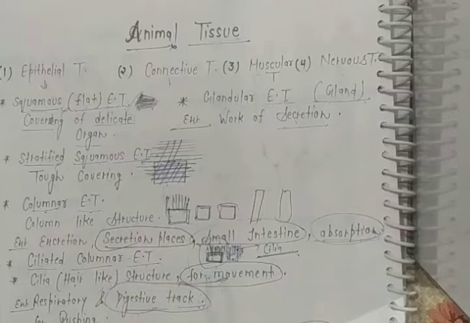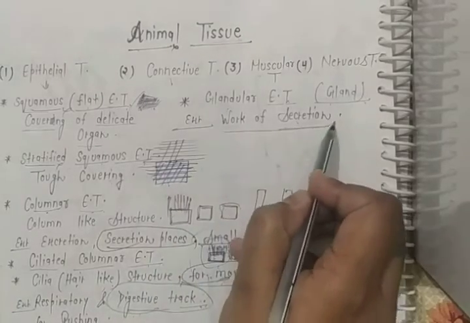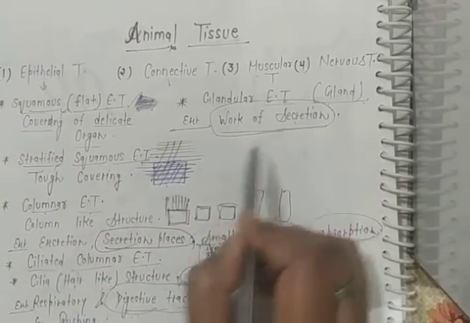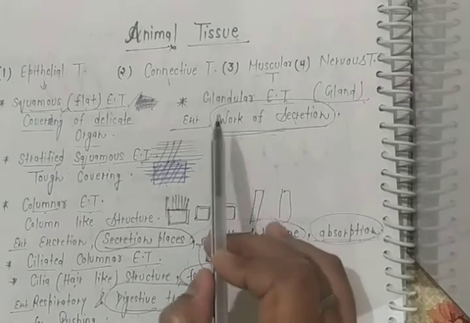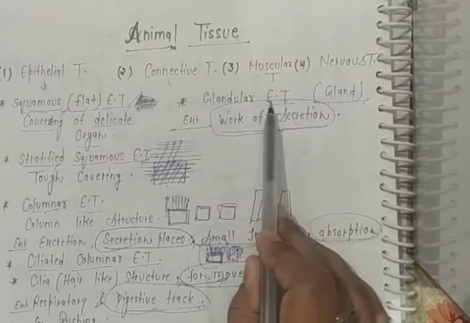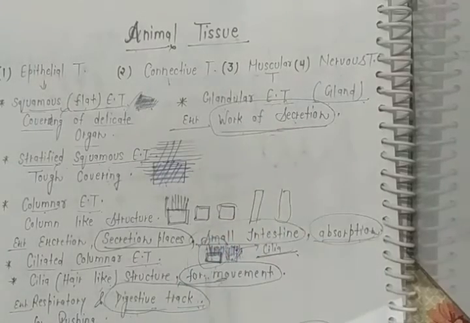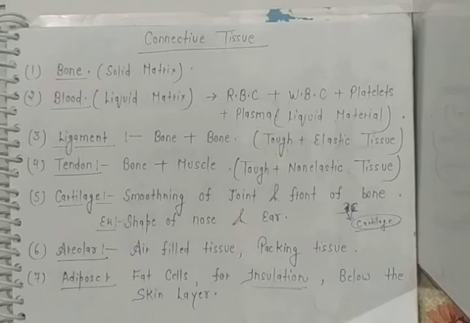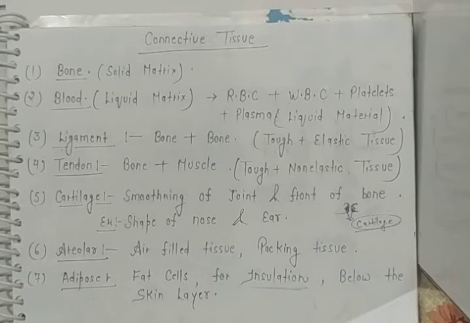In the body, a gland secretes. So at places where secretion occurs, glandular epithelial tissue will definitely be present. Now that was the complete theory of epithelial tissue, and now we will discuss connective tissue.